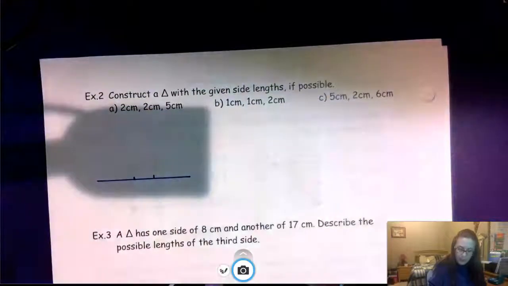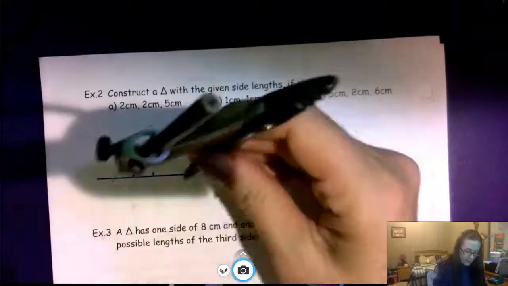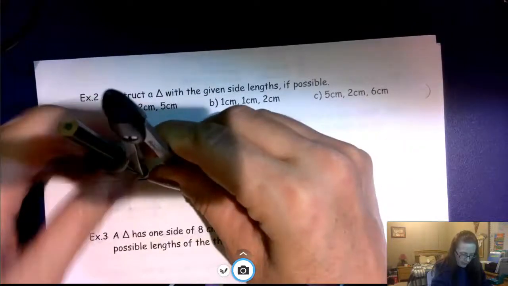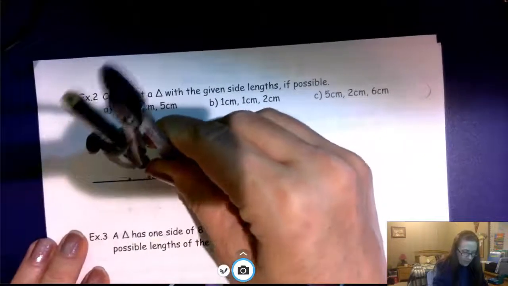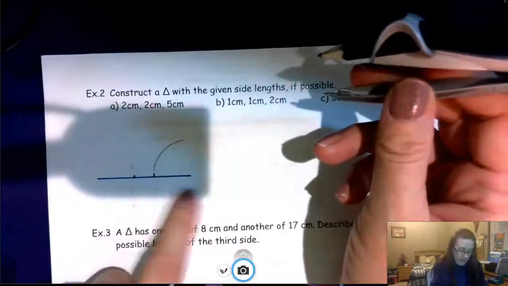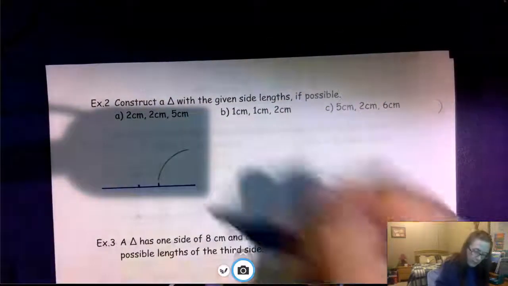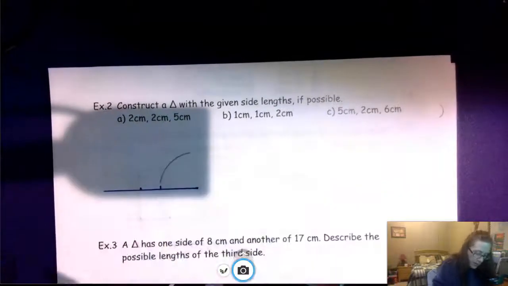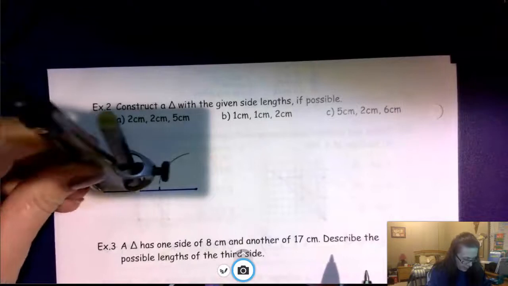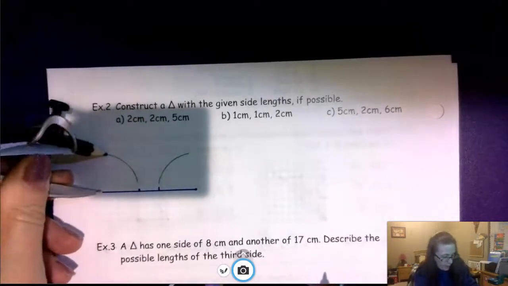So if I were to use my compass and go to the end point here, and I knew this was 2 centimeters, my line is going to end up somewhere over here, ending at that point. That's 2 centimeters from the end point. 2 centimeters from this end point over here is going to be somewhere here.